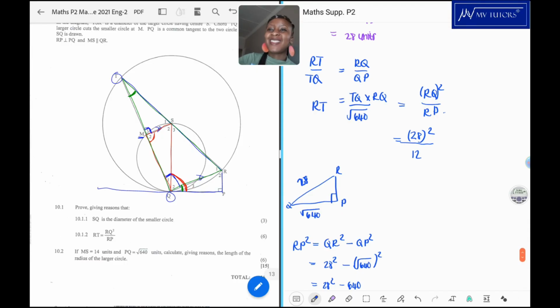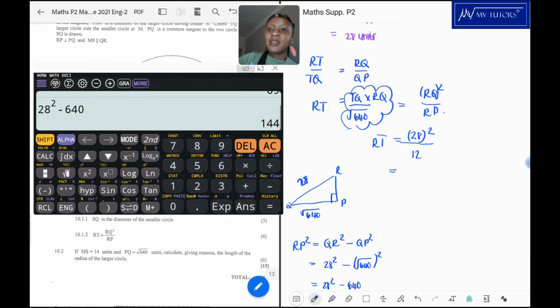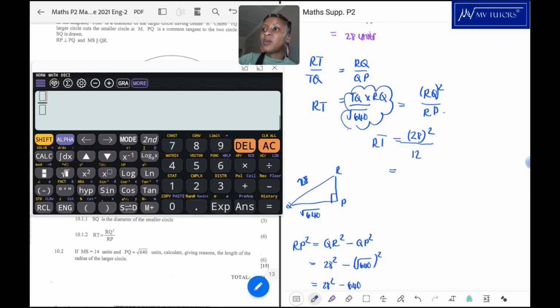Now we can get RT. Like I said, we can ignore this. So RT is 28 squared over 12. What is 28 squared over 12? It is 65,33 units.